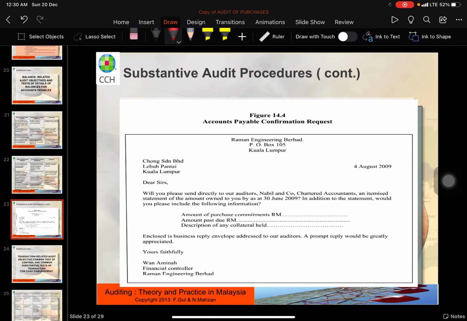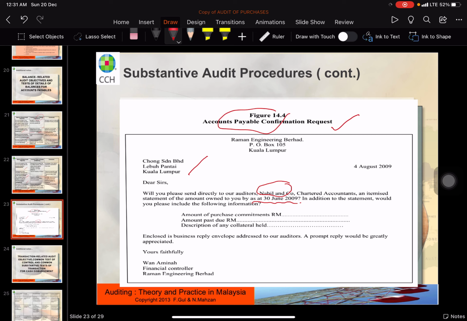Alright, and this is for the accounts payable confirmation request. This is to see the confirmation request for the accounts payable. For example, it reads: Dear sir, will you please send directly to our auditor the amount owed by this company on the 30th June 2009.